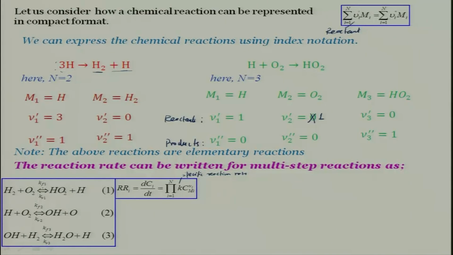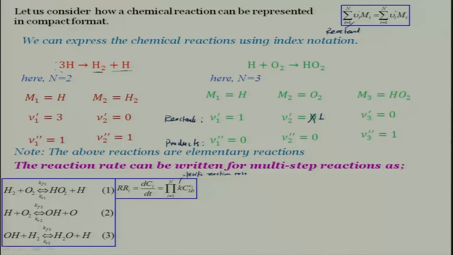These are the reaction rate coefficients, or specific reaction rates, whatever you call them. Similarly, HO2 goes to OH plus O, with forward reaction rate coefficient KF2, and KR2 is the reverse. Similarly, OH and H2 going to H2O and H.